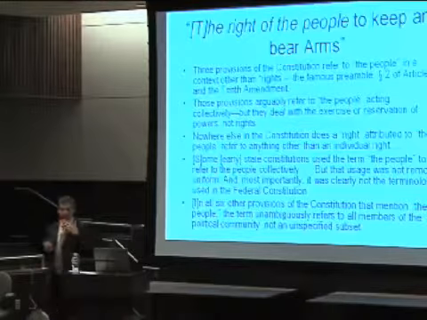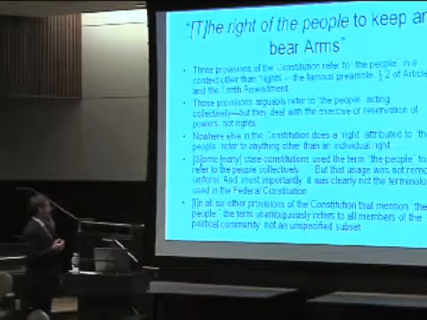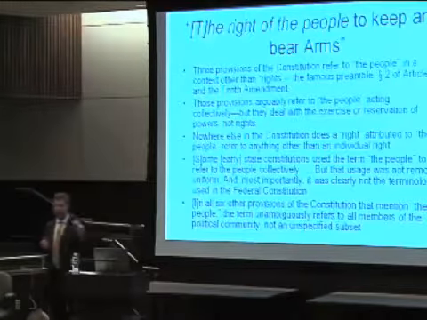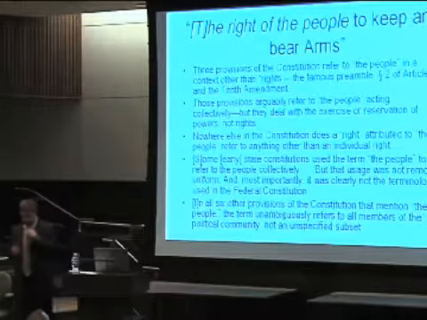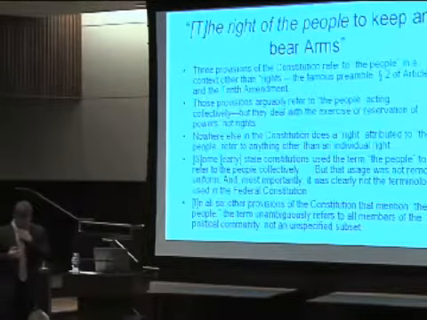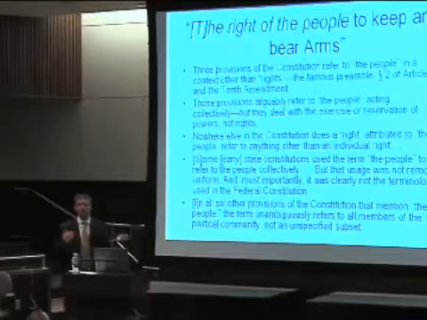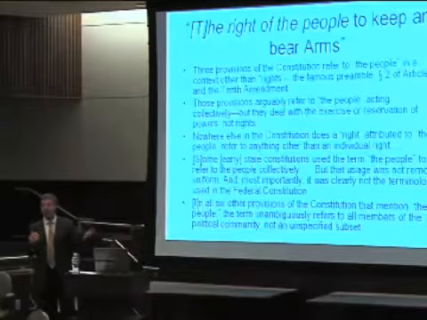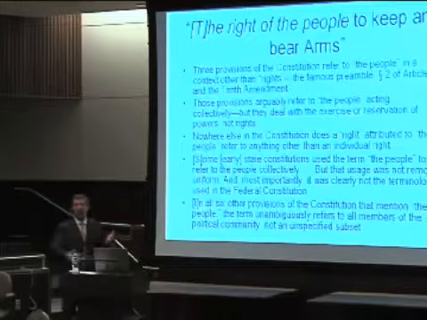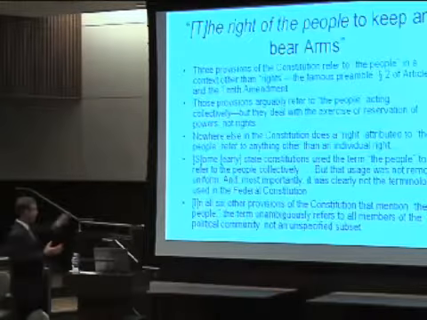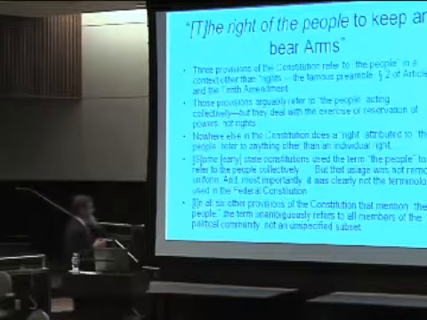I think he's probably correct that the right of the people is used several times and pretty unambiguously in the federal constitution, and that's pretty powerful evidence. The two-clause construction doesn't appear in the federal constitution. That's not much evidence of anything at all. And when we look at its use in the state constitutions, that's helpful here in a way that the state usage of the people is not.